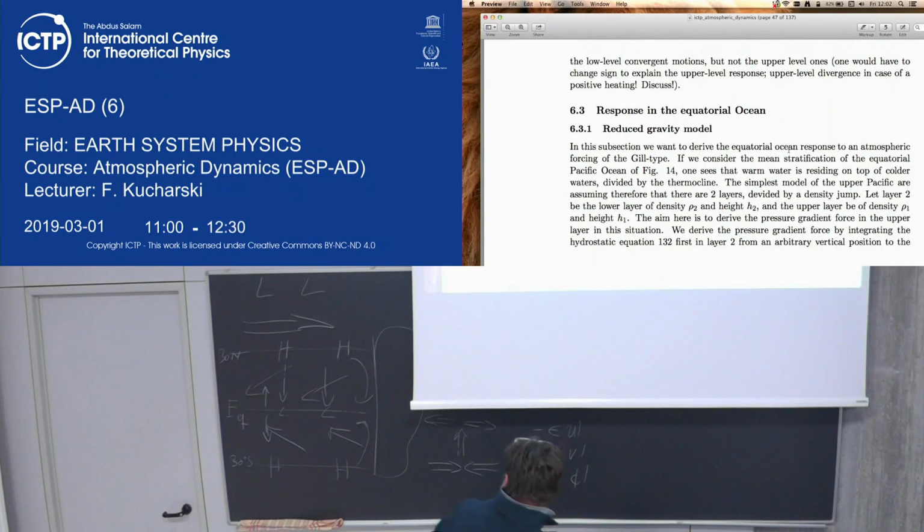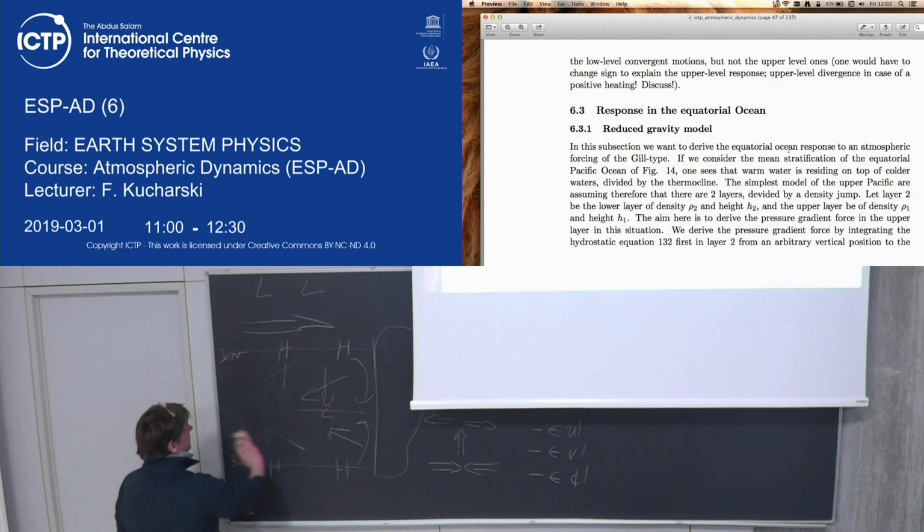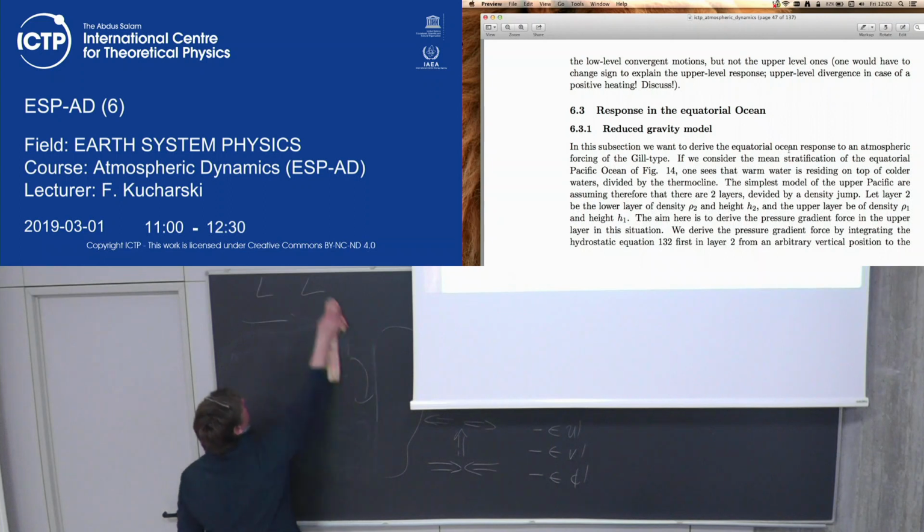Yes, reduced gravity model. Because again, we want to keep things simple. Of course, the real ocean is much more complicated. But the idea is the following.